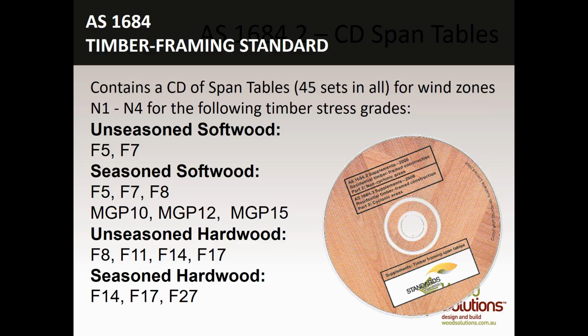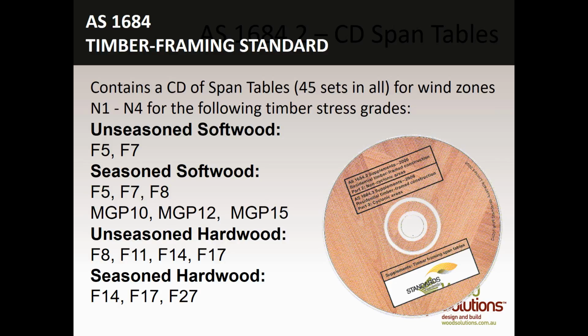I'm just listing these names of timbers that some of you may or may not know yet, but all those timbers that are going to see weather have to be sealed with LOSP, which is light organic solvent protection. Typically, F7 timber is used for LOSP coating, so you're going to have to have the seasoned softwood F7 span table handy.